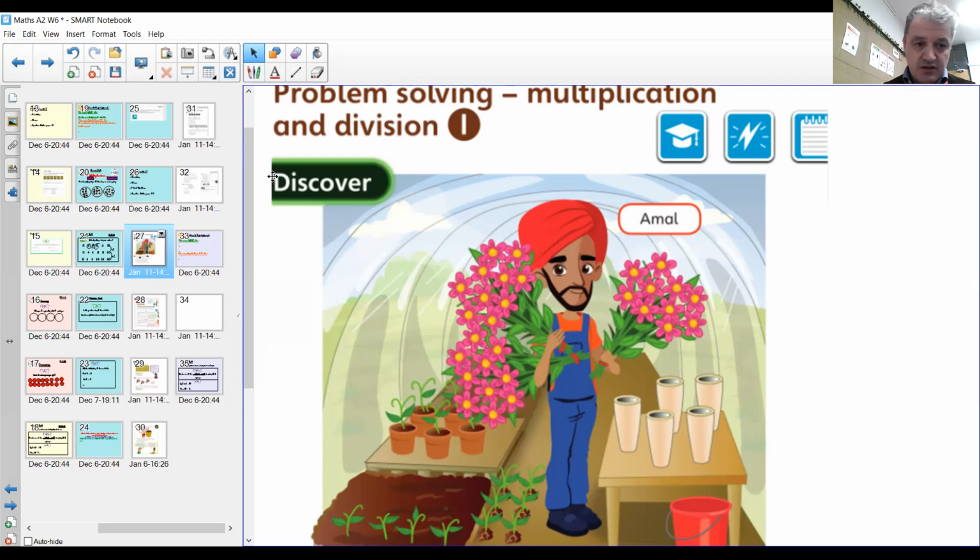He's got bunches of flowers. How many bunches is he holding? He's holding 3 bunches of flowers, each with 10 flowers.